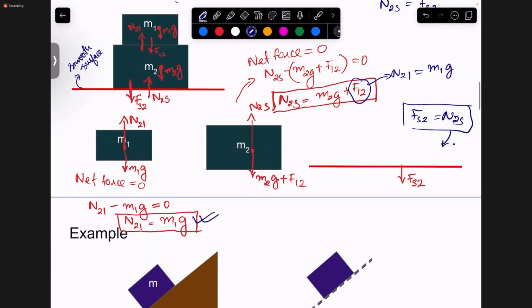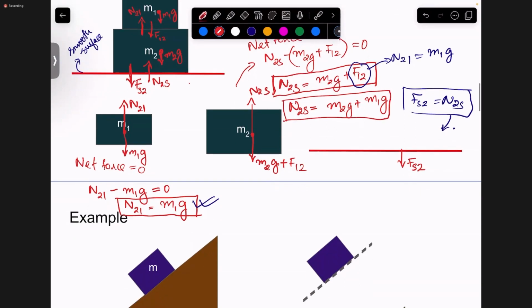So you can see that N2S equals M2G plus M1G. That is the total normal force given by the surface to the block. And the force exerted by these two blocks together on the surface, FS2, is equal to N2S, that is equal to M2G plus M1G.